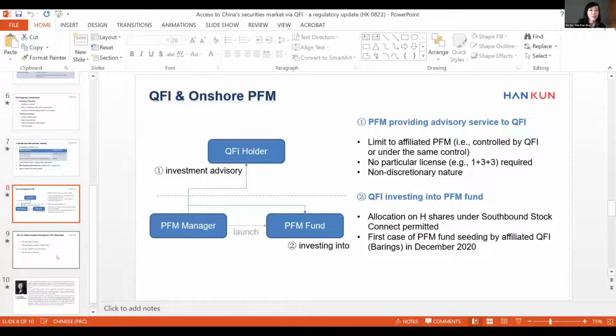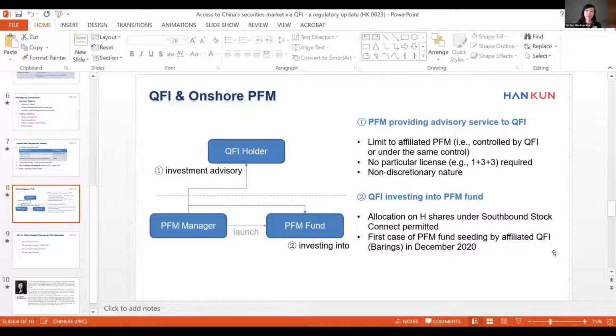Well, another aspect I would like to quickly cover is between QFI and the onshore PFM. The onshore PFM refers to onshore private fund manager, or onshore private investment fund manager. The reason I would like to cover this is because one of the efforts that CSRC is making is to give the QFI as well as the onshore PFM more business opportunities.